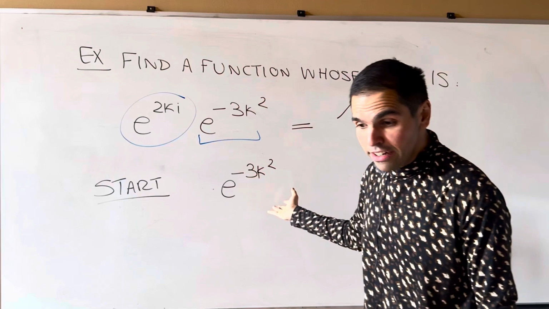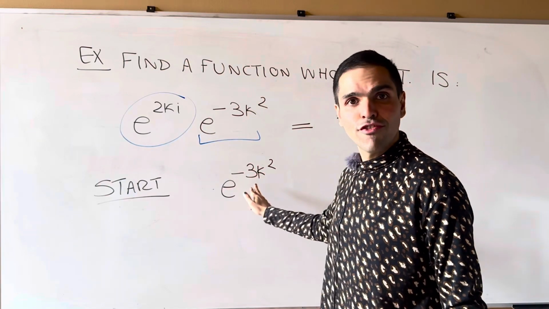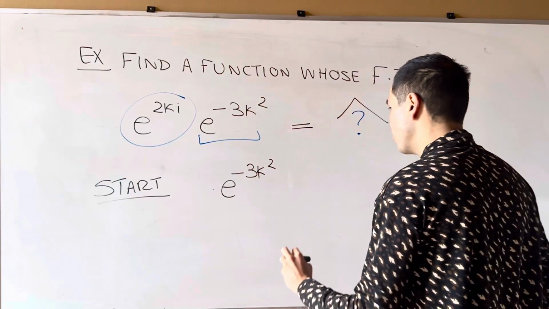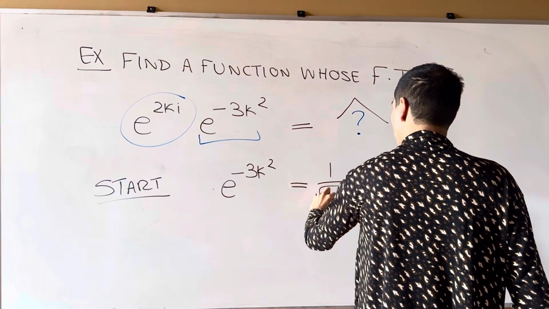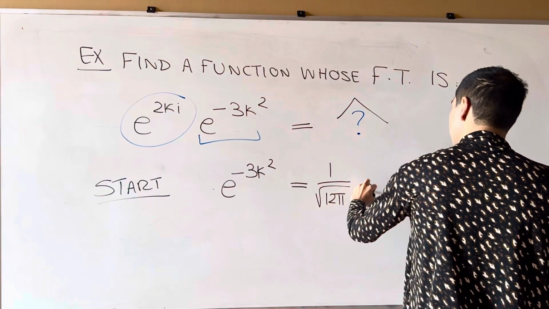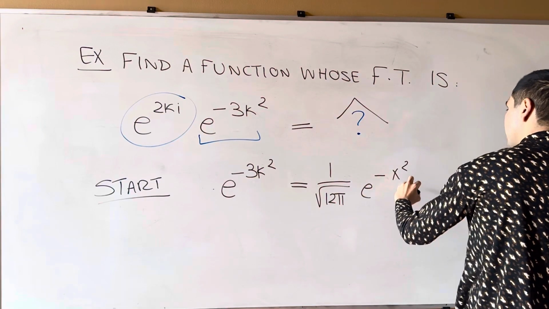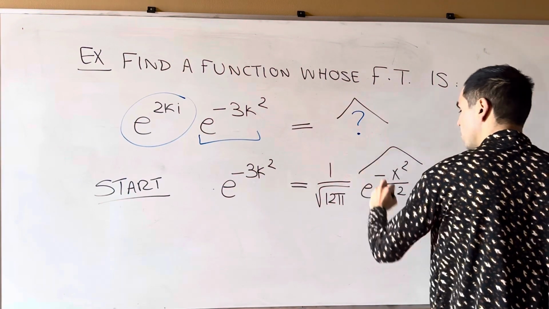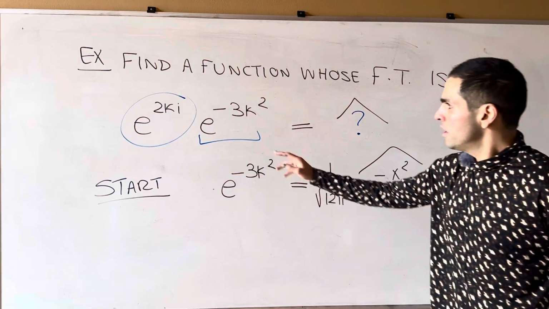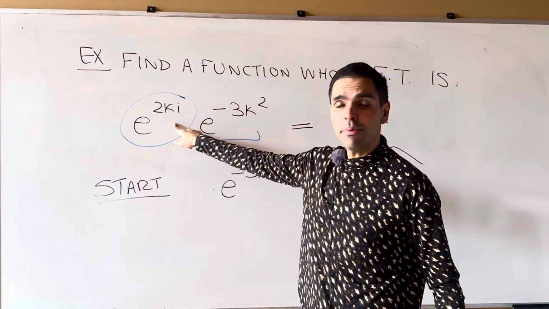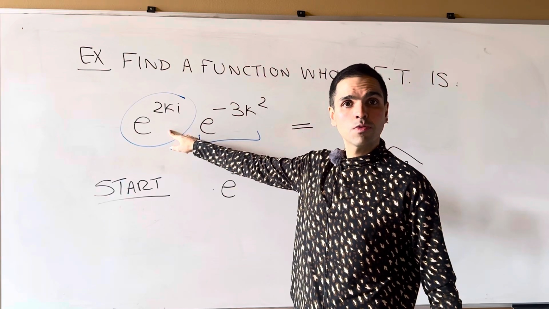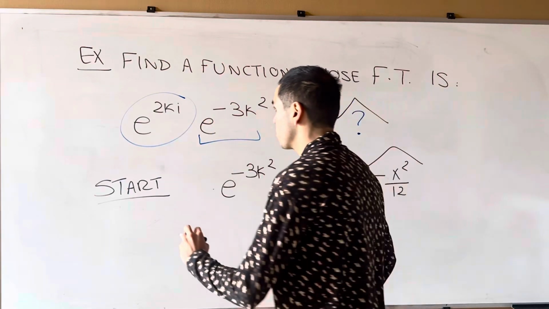And in a previous video, we actually wrote this as a Fourier transform. So we found that the answer was 1 over square root of 2 pi, e to the minus x squared over 12, hat. And this is the unshifted version. And now simply, if you add this complex exponential term, you shift it.